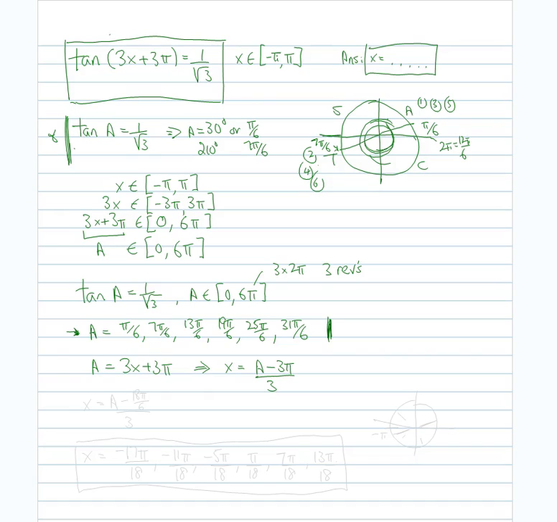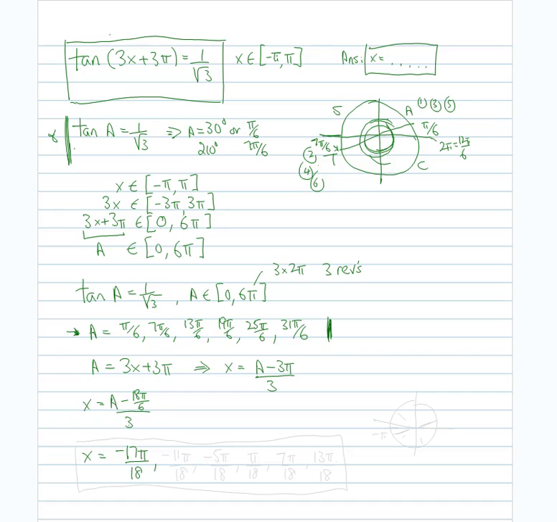I think the simplest way to do that is to say that x is a minus, let's call it 18 pi over 6, divided by 3. So for our x's, we just subtract 18 from each one. That's 1 pi, so we get minus 17 pi over 6, but then divide by 3, so minus 17 pi over 18.